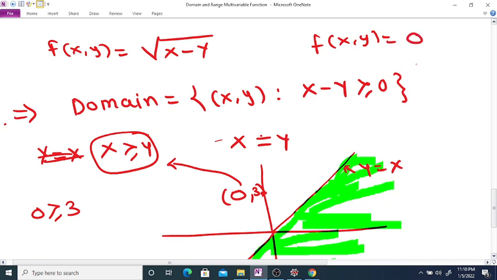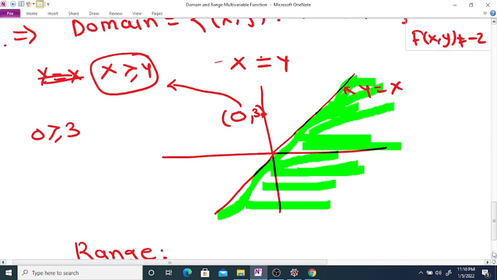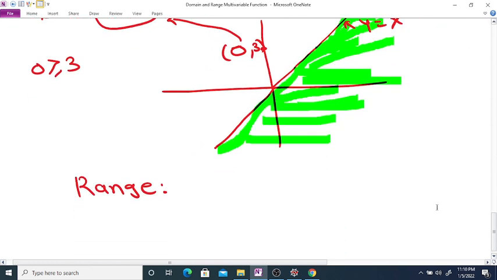You can also find a pair (x, y) such that f(x, y) is equal to, say, 100 or 10. Okay, but there does not exist a pair such that f(x, y) is equal to -2, -3, -4, or any negative element. So the range of the given function is from 0 to infinity.